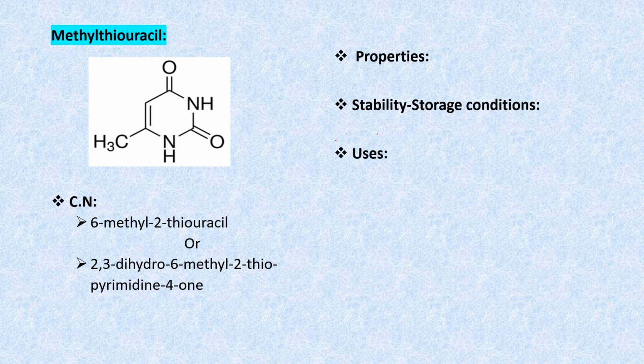Uses: same as under methimazole. Official preparation: methylthiouracil tablet BP. Brand names: Muracil, Strumacil, Methicil, Thyrostabil. These are your trade names of methylthiouracil.